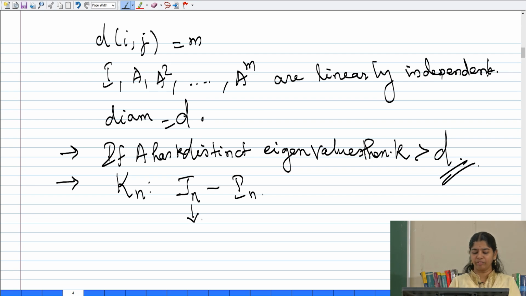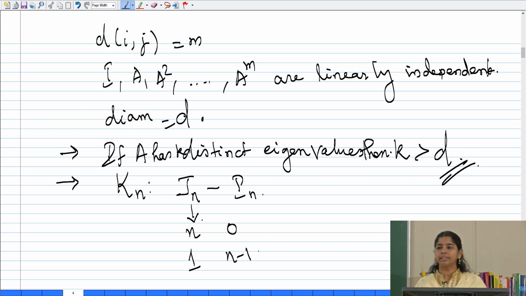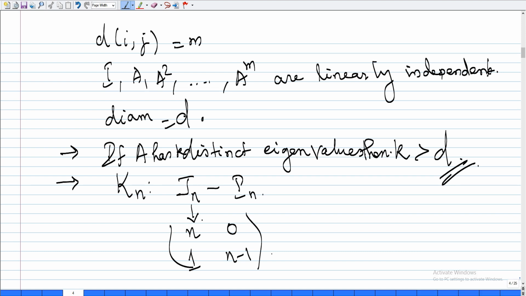For Jn, I am just asking for Jn. Just use the properties. We know trace should be equal to the sum of the diagonals, right. What is the trace for J? N, right. So, there is one eigenvalue equal to n and the eigenvalue 0 with multiplicity n minus 1, right. And we know for identity, so if you look at Kn, your Kn has a spectrum which is nothing but minus 1 and n minus 1.